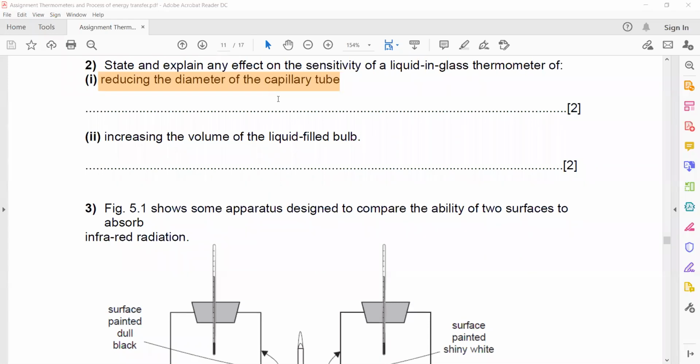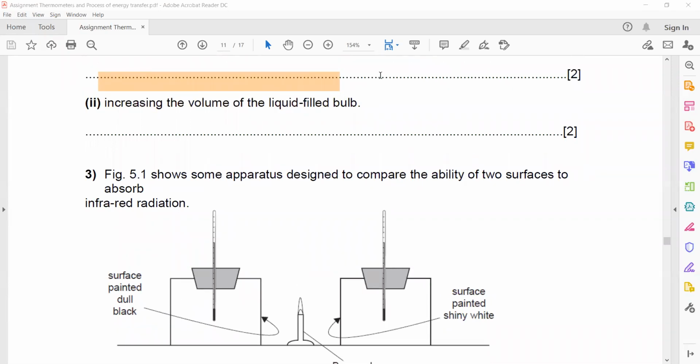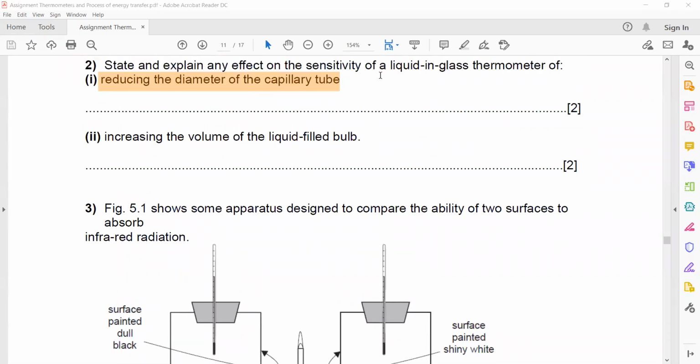So there will be a more sensitive or considerable change in length for a small change in temperature. And increasing the volume of the liquid in the filled, the sensitivity will also increase.